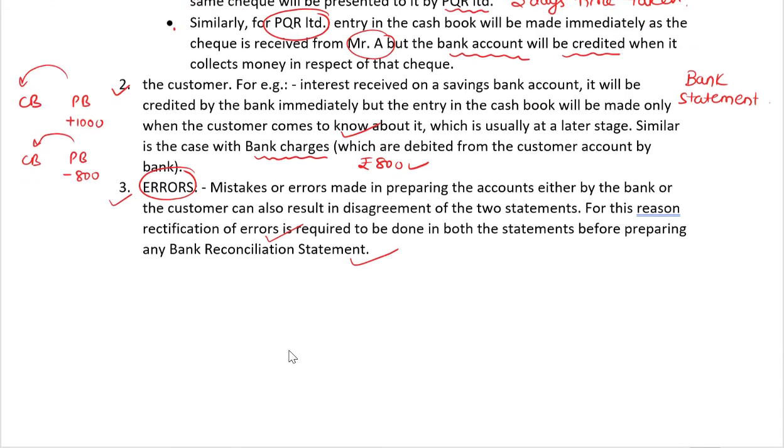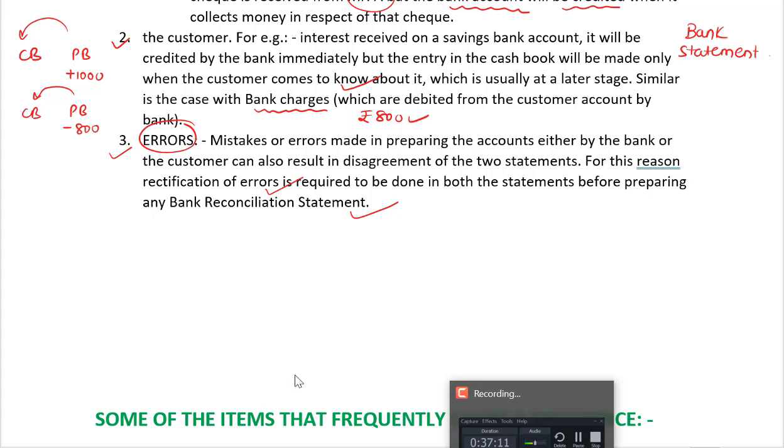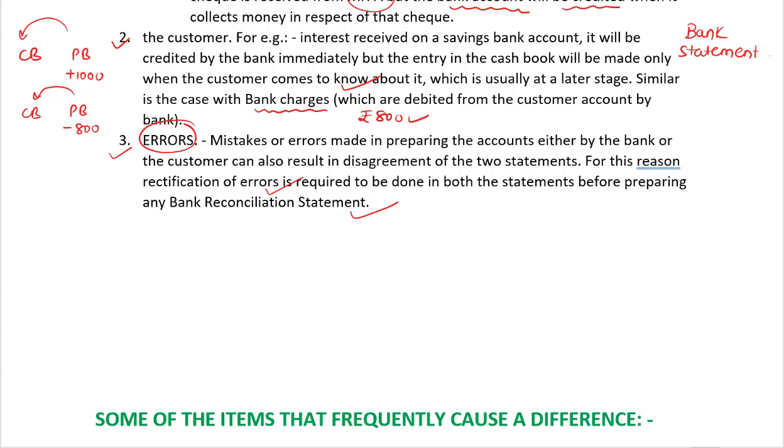It may happen that there is an error made by the customer's accountant, or an error made by the banker's accountant in the bank passbook. So whenever we try to reconcile the cash book and the passbook, we will make adjusting entries and rectify the errors made in the cash book, or try to rectify the error made in the passbook. I believe you understood this.